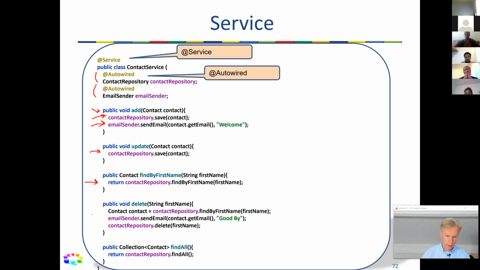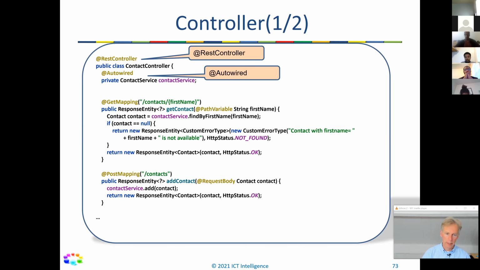And delete, I first find it, then I send an email, and then I delete it from the repository. And find all, I call repository find all. That's my service.